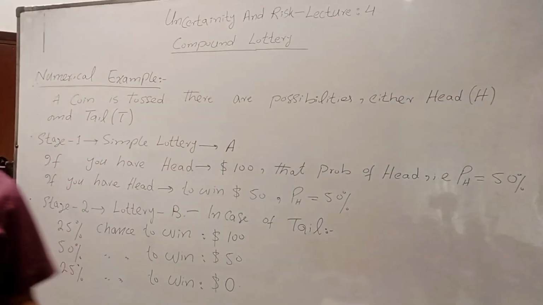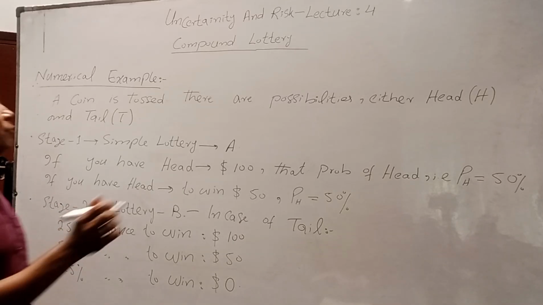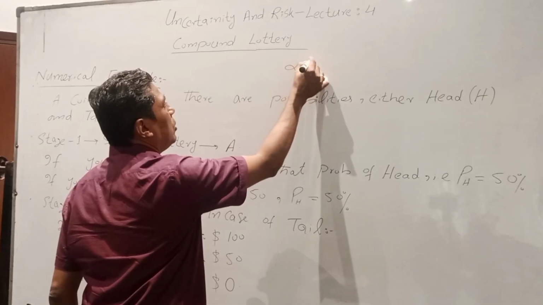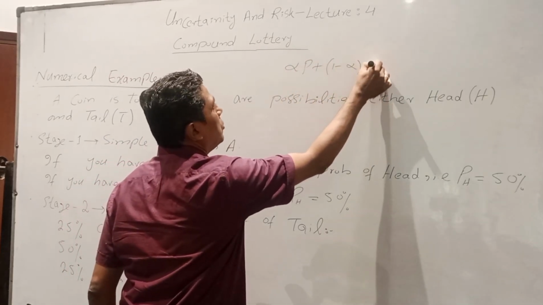For example, in both lotteries, what is the probability of winning $100? We have to take the combination of these two lotteries, because in the case of compound lotteries we add all possible combinations. Clear? If you recall, that is alpha P plus 1 minus alpha Q. Clear?